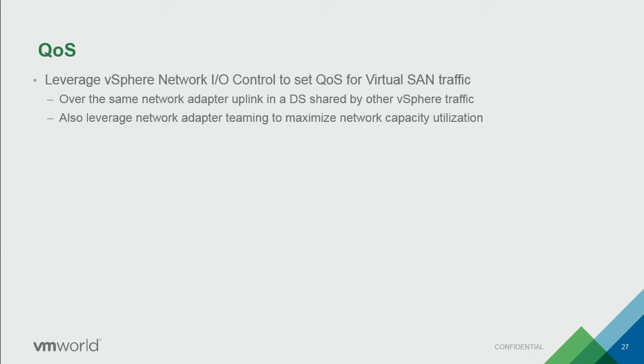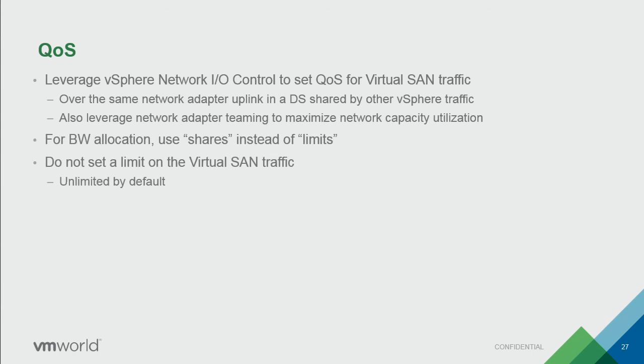QoS, I'm going to build this one. From a vSAN perspective, the vSAN VMkernel has unlimited shares, right? So if you use this feature, it's going to have an unlimited number of shares. We recommend keeping it that way. Don't set limits on the vSAN VMkernel. Use shares instead because that's just a better mechanism.